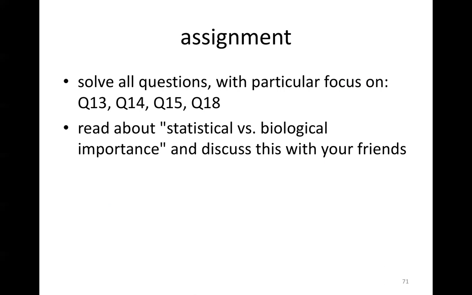So please spend as much time as possible, discuss with your friends, and so on. Also read this chapter, which gives a nice background on the meaning of statistical significance versus biological importance.